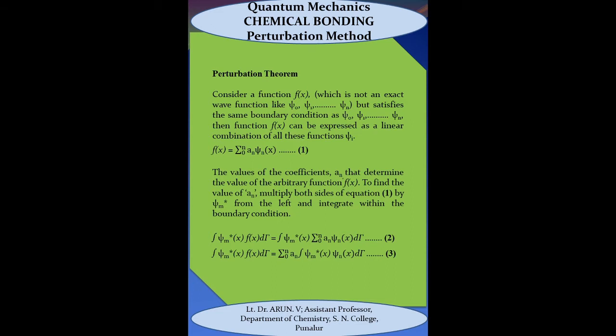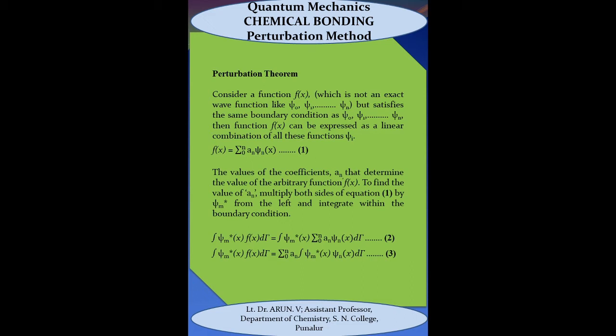Consider a function f(x), and this function is not an exact wave function like psi 0, psi 1, etc. up to psi n, but this function f(x) satisfies the same boundary conditions as that of psi 0, psi 1, etc. up to psi n.